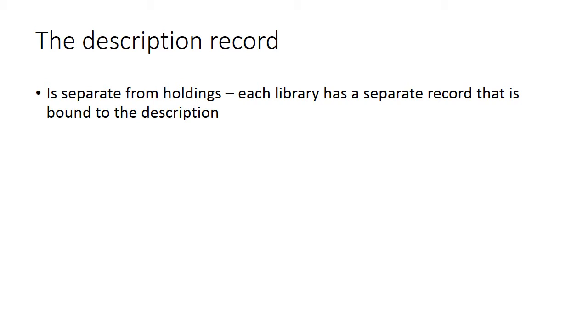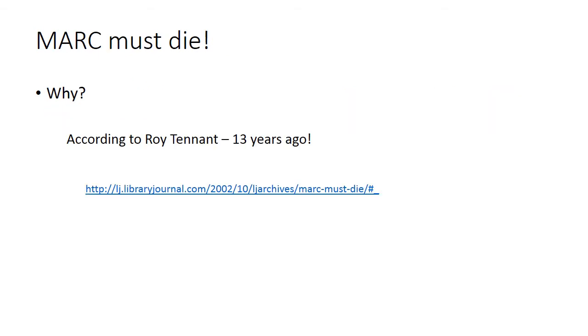It's how we fill in the fields. LC-Mark is the description record, and it's separate from the holdings record. Each library has a separate record that is bound to the description for that particular item. But separate. Bound to it, but separate. Related to it, but separate.